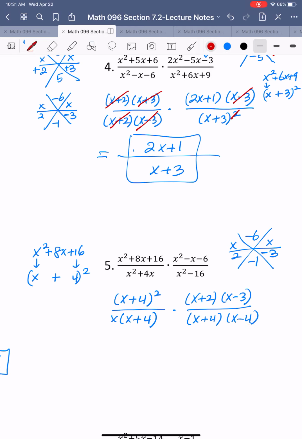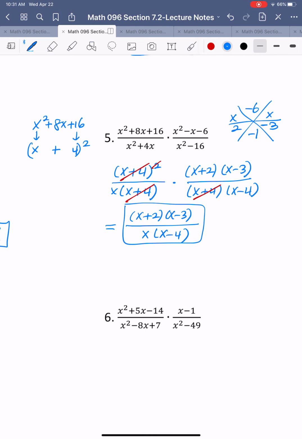And then time to cancel. So x plus 4, one of them cancels. And this whole thing cancels by that. And then what else? I think that's it, right? So whatever remainder factors are x plus 2 times x minus 3 over x times x minus 4. And then you're done. Alrighty, the number 6.